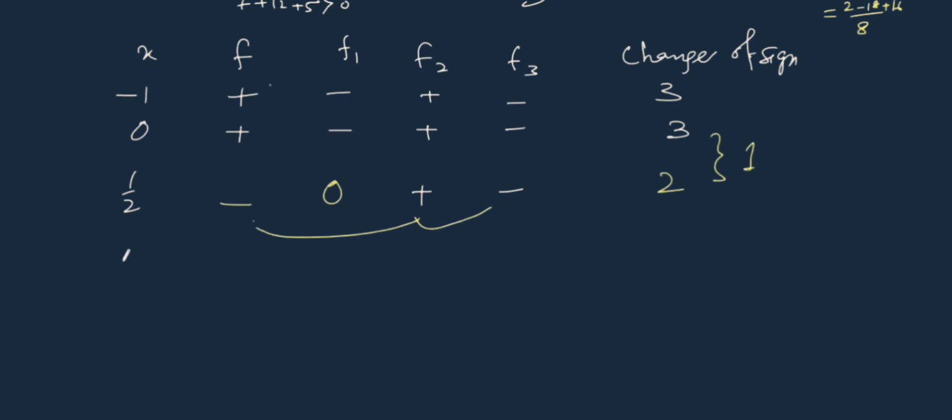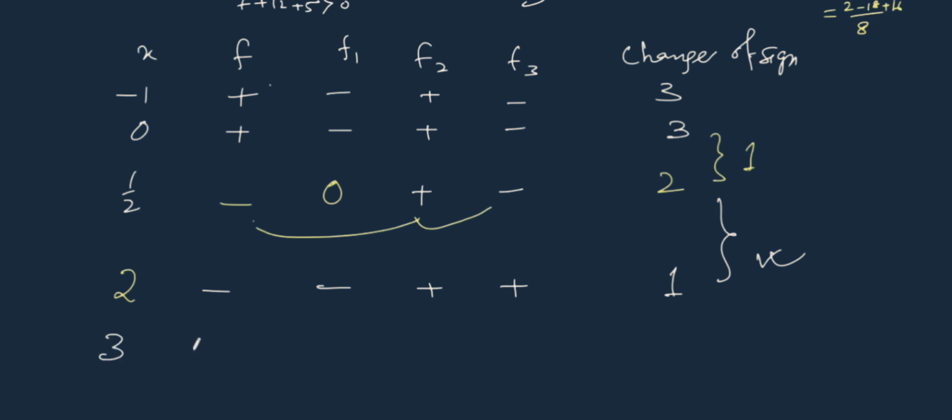So let's calculate at 2, because at 1, 1 is the double root. Let's calculate at 2. So at 2, the change of sign will be similarly negative, negative, positive, positive. That means only 1 change. So between half and 2, there is a root.